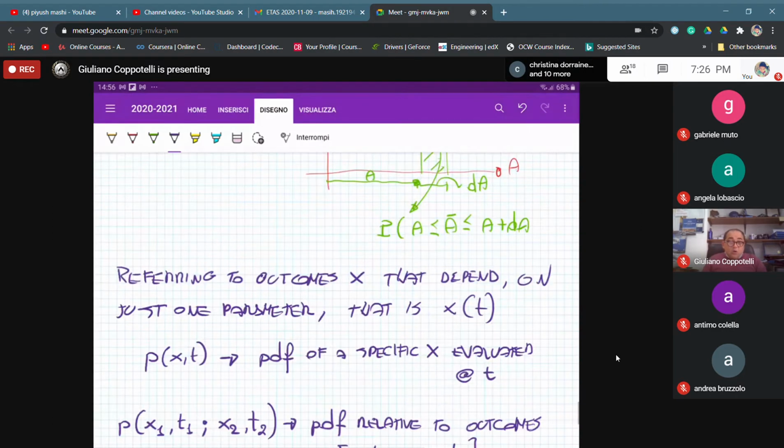And now we are adding one more constraint, or better, one more characterization of your outcome.